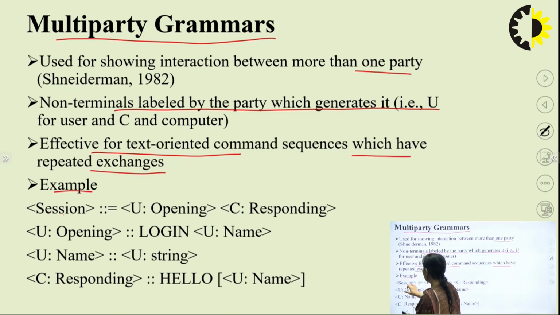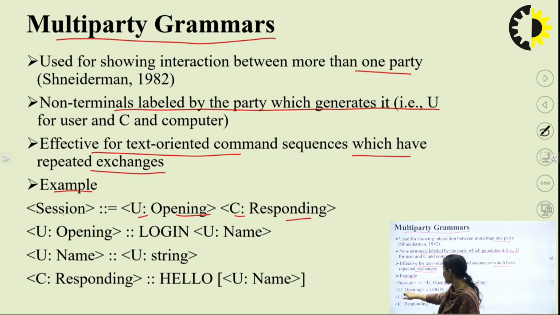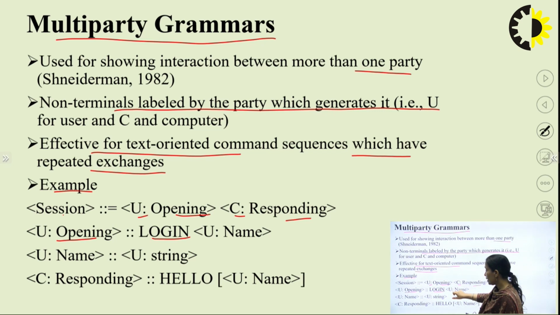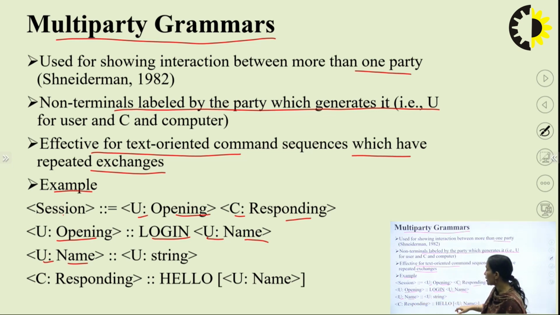For example, here we are defining the session. Session means here the user is opening and then the computer is responding. The user opening means it is through login and the user is entering the name. When the user is entering the name, it means the user is entering the string.